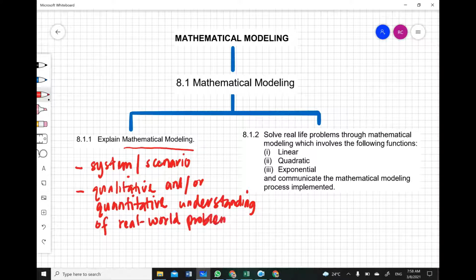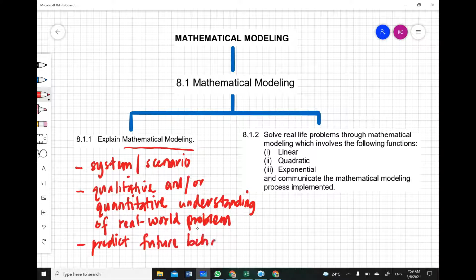The whole line is important. Qualitative and or quantitative understanding of real world problem, and to predict what? Future behavior. Yes, future behavior.